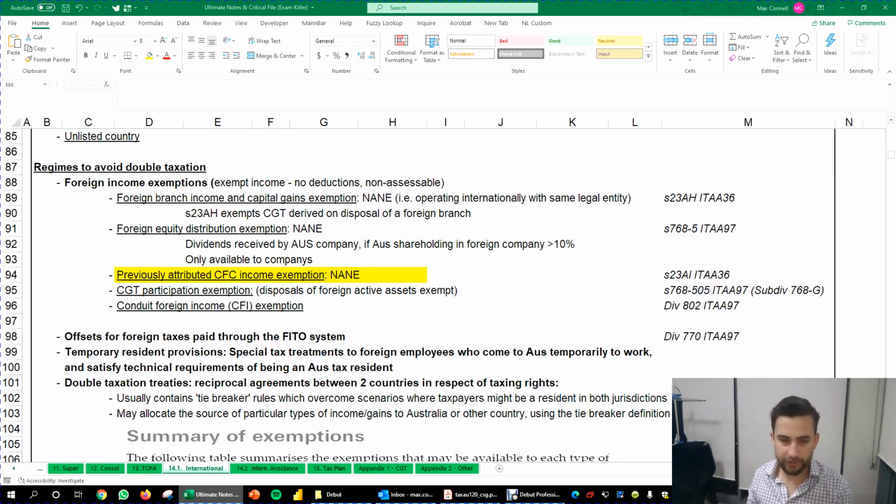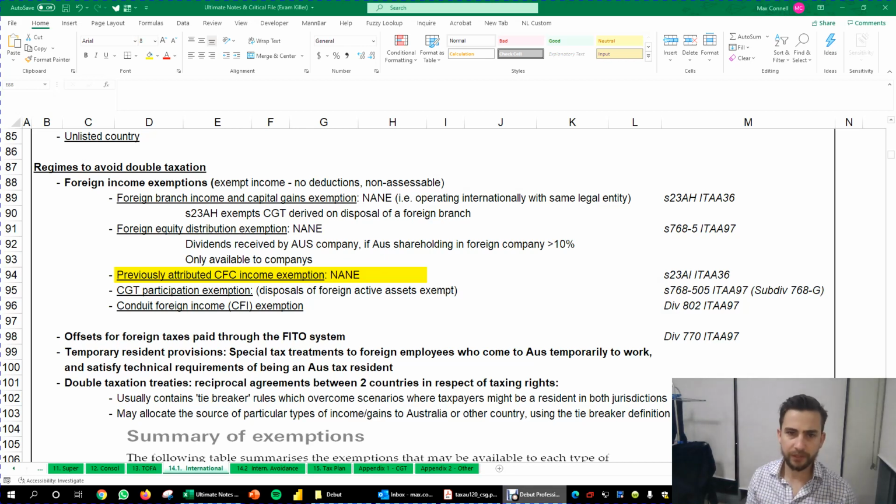You don't need to include it in your tax return, but it also means you can't claim any deductions against it because of Section 8-1. So these exemptions are for the purposes of preventing double taxation occurring in Australia. And these can be quite difficult to understand, but it's important to understand because we do get a lot of exam questions on them. So the first one is foreign branch income and capital gains exemption.